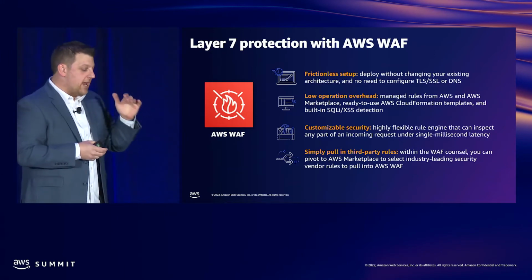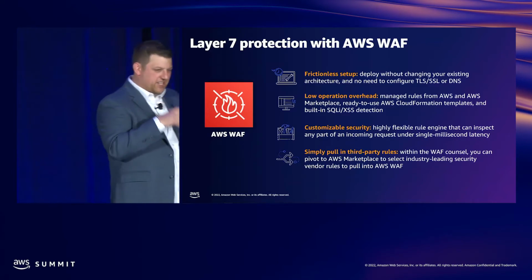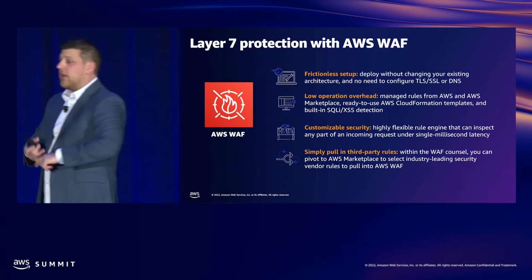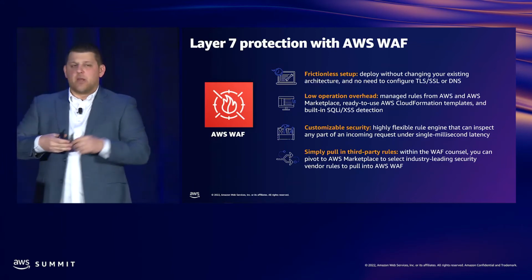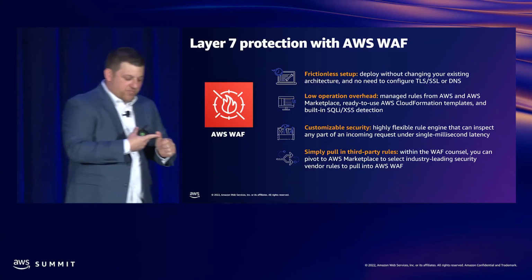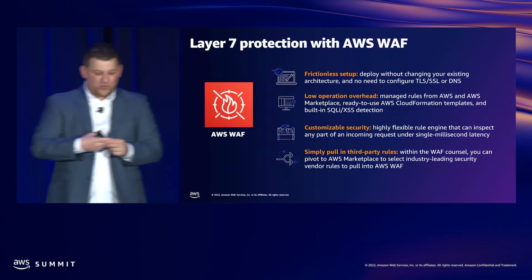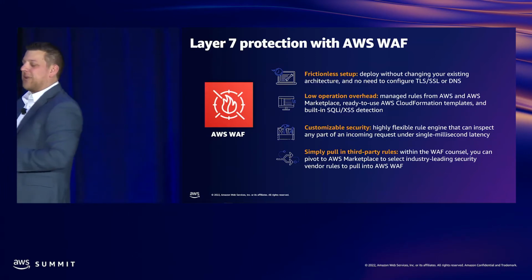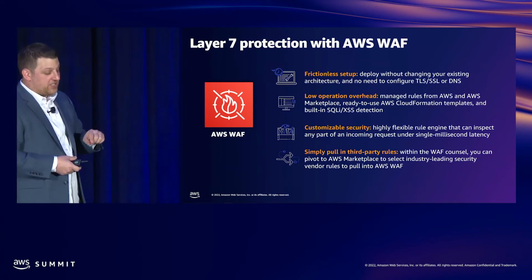Just like Shield Advanced, it has a frictionless, seamless setup with our edge services: CloudFront, API Gateway, AppSync, and there's one more that I'm missing. I'll think of it in a minute. So frictionless setup with those services.